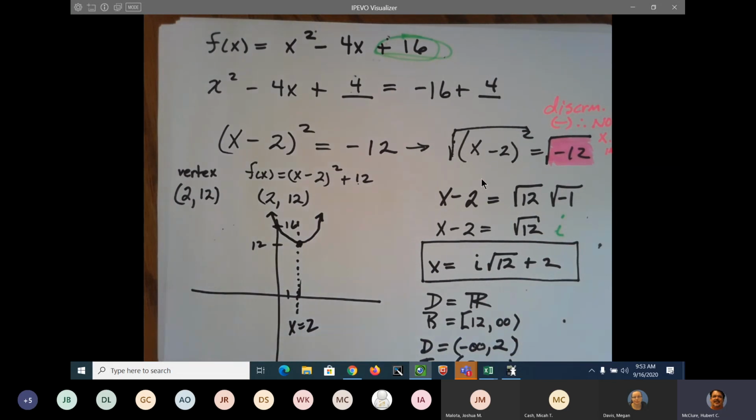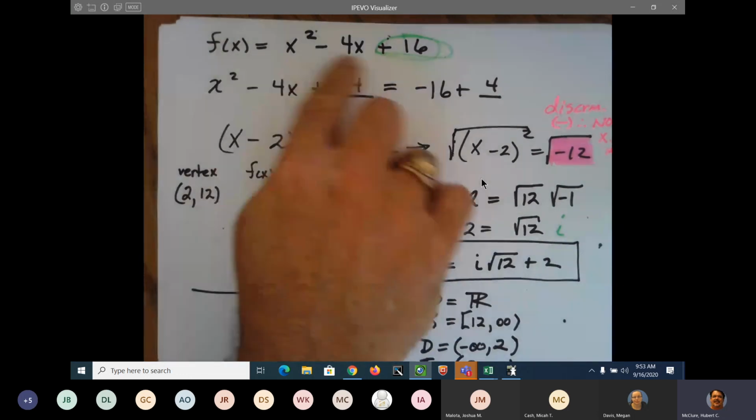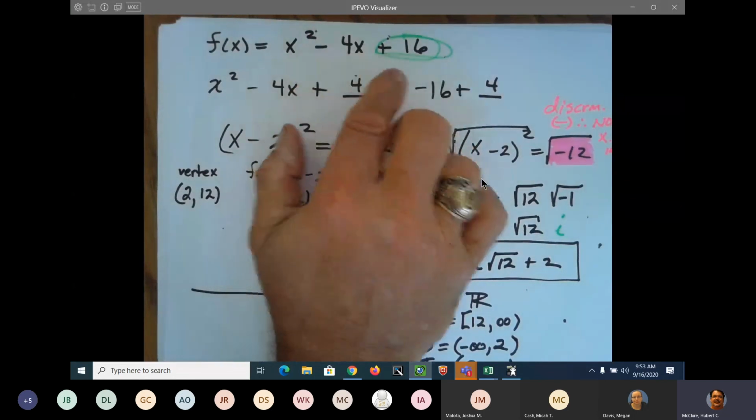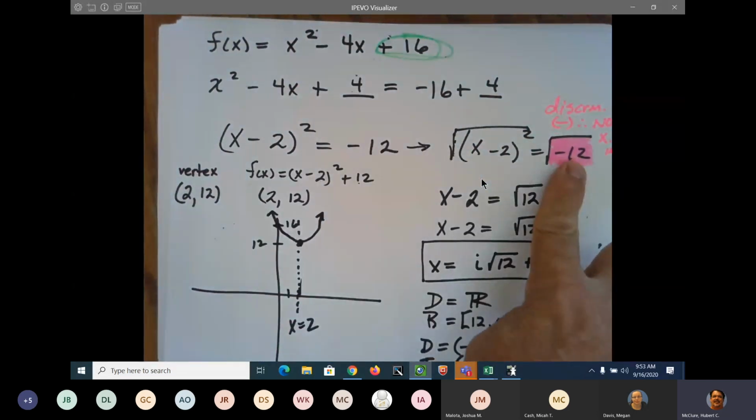Now, like I said, this is a level 5, and the only difference between this and a level 2 or level 1, the first ones we did, is that the answer contains a negative, and that means no x-intercept. Okay, so as far as completing the square, the level hasn't changed from 1 and 2.